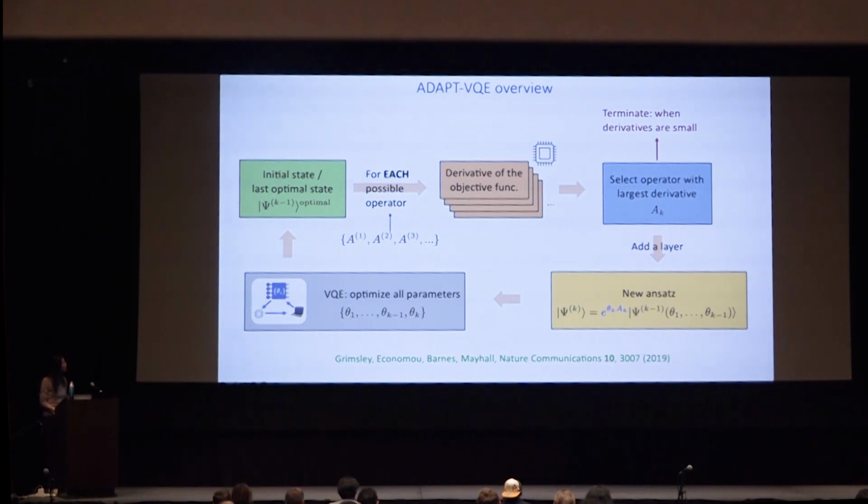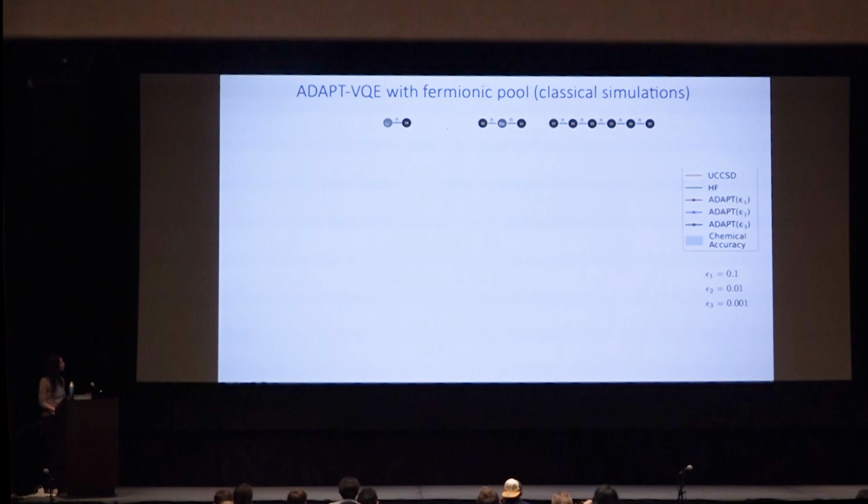All right, so let me show you some simulations based on this. This is early work. I'll show you some more recent work from the last year in a moment. So these are the first things we did. We started with the fermionic pool, which is the same operators that UCC uses. So these a dagger a's and a dagger a dagger a a's.